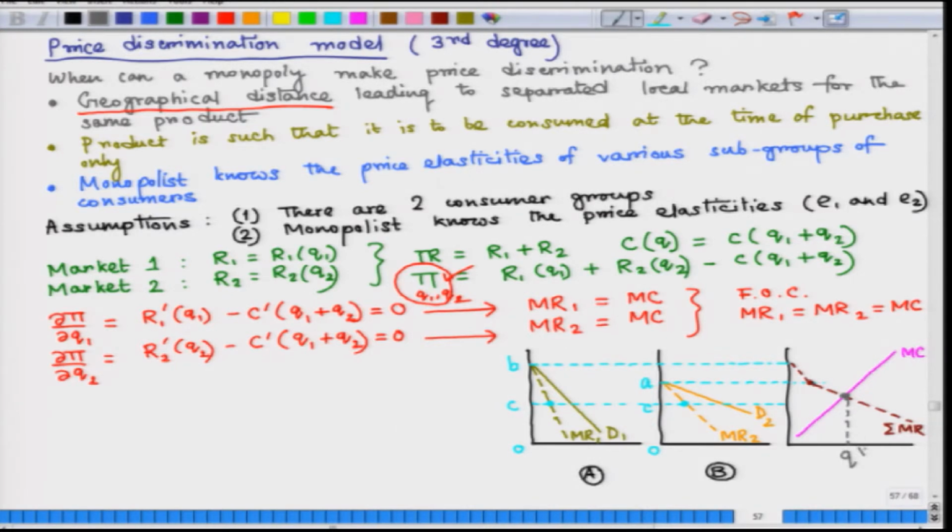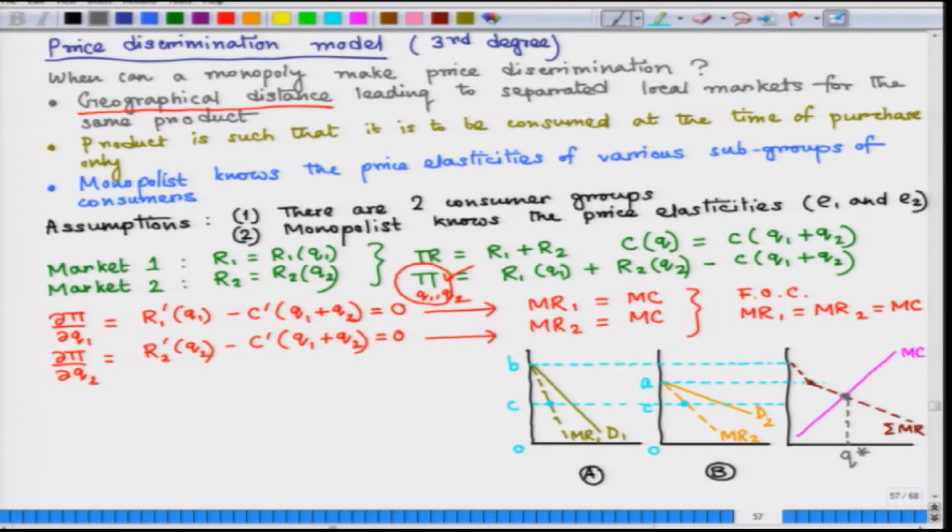The equilibrium level of output is Q star. Now, the question is how the firm is going to allocate this Q star amount of output into markets and how much price they are going to charge.